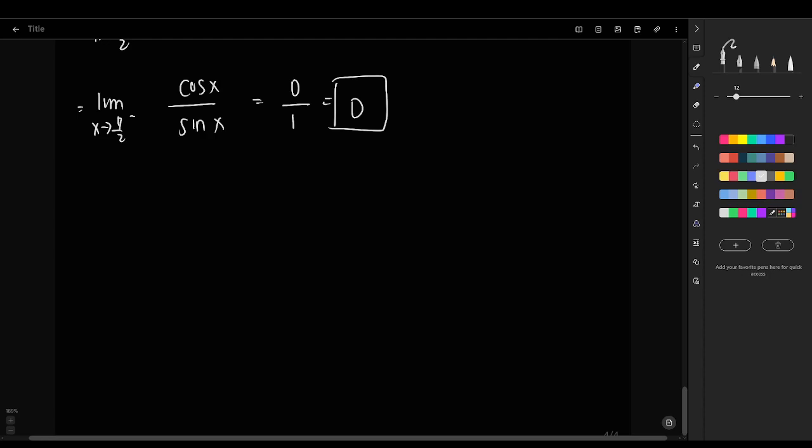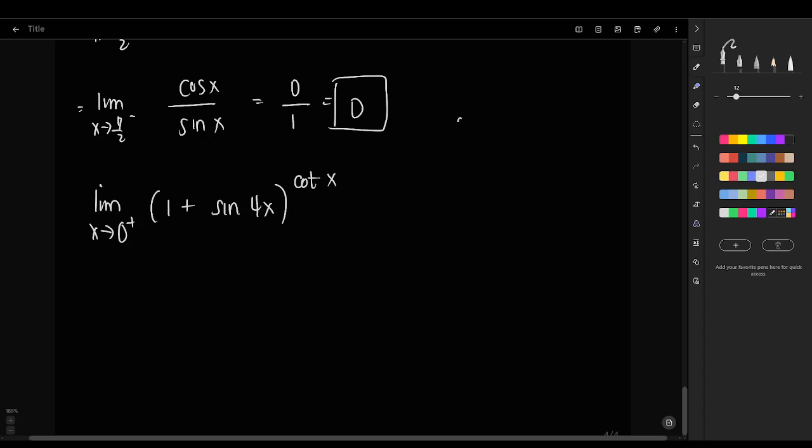Last two. So this is the limit as x approaches 0 of (1 plus sine 4x) to the power of cotangent x.